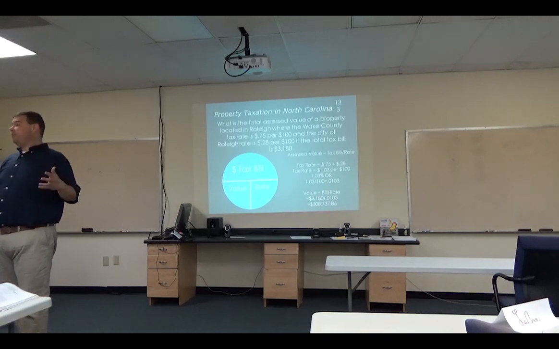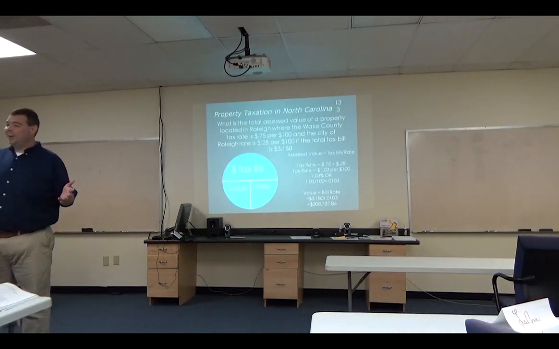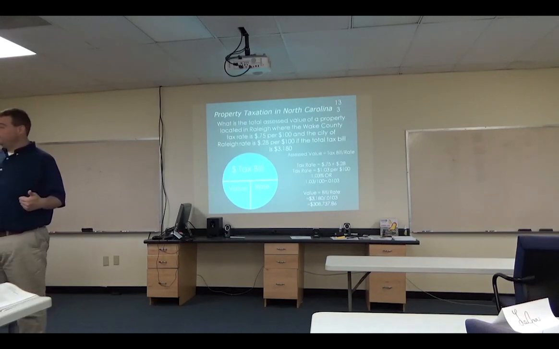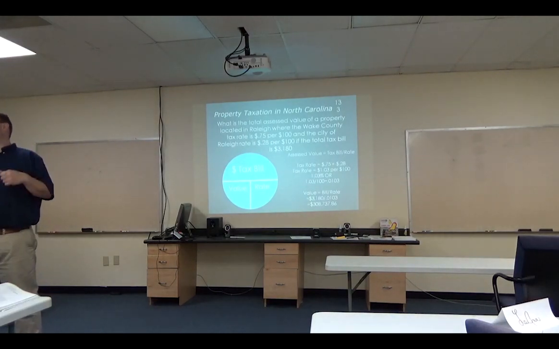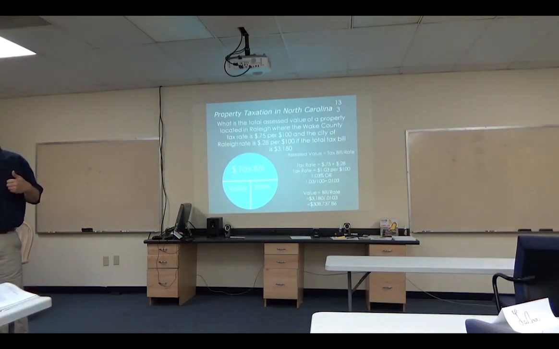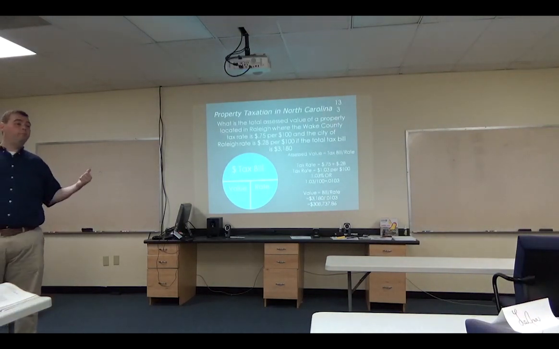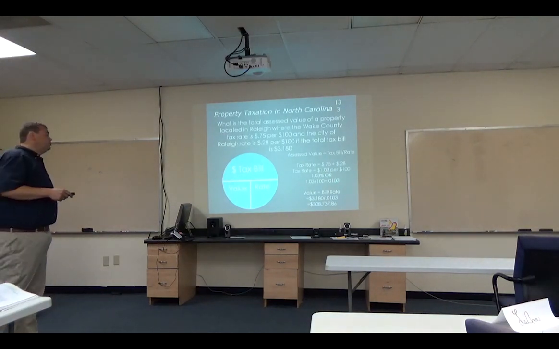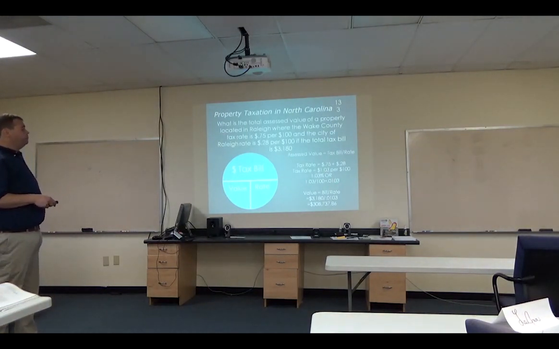And it really is just 75 cents plus 28 cents. Don't make that harder than it needs to be, right? So 0.75 plus 0.28 gives you a rate of $1.03 per 100 or 1.03%. Right? So that 1.03% right here is going to be the number that you plug in for the rate here.